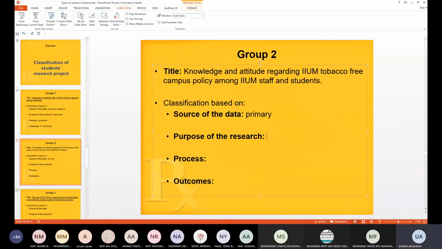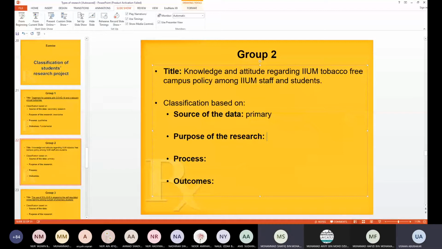Do you think it's descriptive or exploratory or analytical? I would say exploratory. Why do you think it's exploratory? Because it's like a new research.